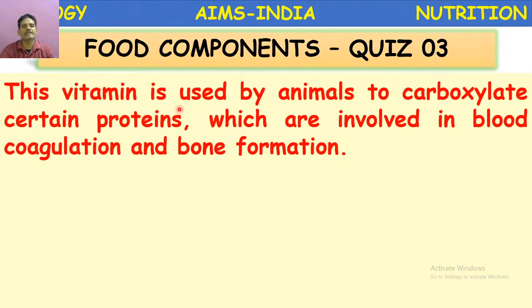This vitamin is used by animals to carboxylate certain proteins which are involved in blood coagulation and bone formation. Carboxylate certain proteins and also involved in blood coagulation, means clotting of blood, and bone formation.